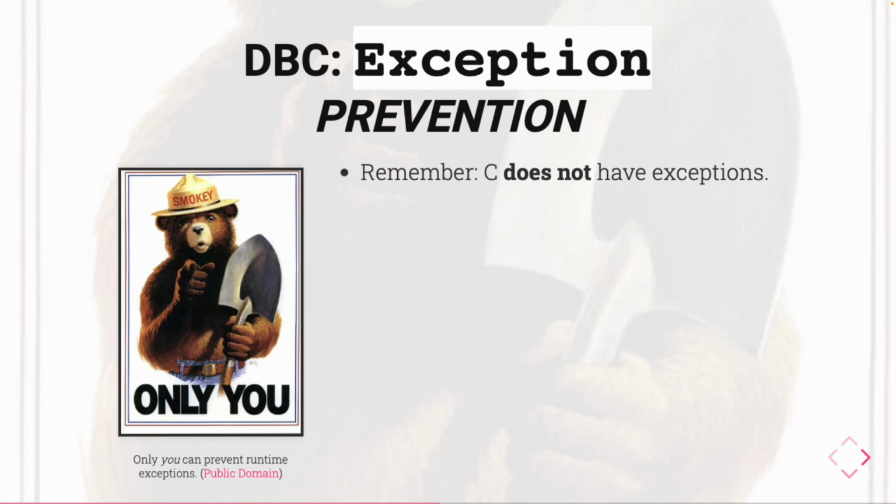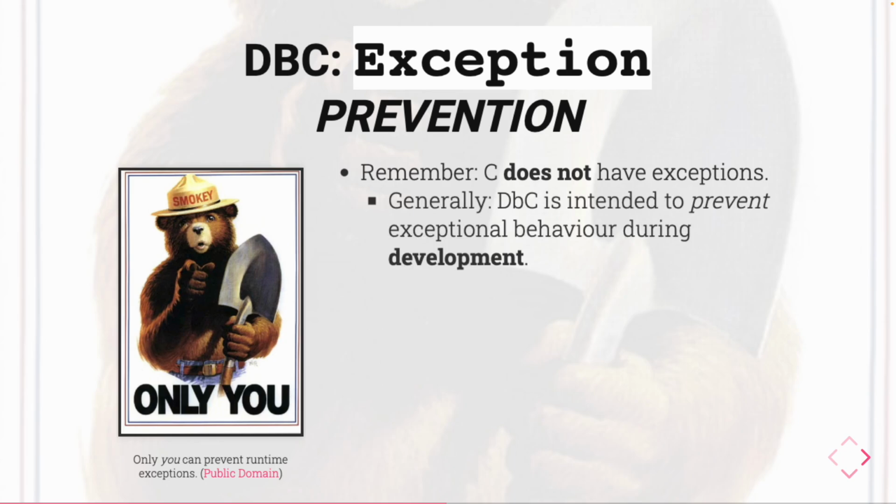It just lets you do whatever if you try to index out of bounds or reference a null pointer. So DBC is less about pointing out these bad things once they've happened and more about preventing them from happening in the first place.